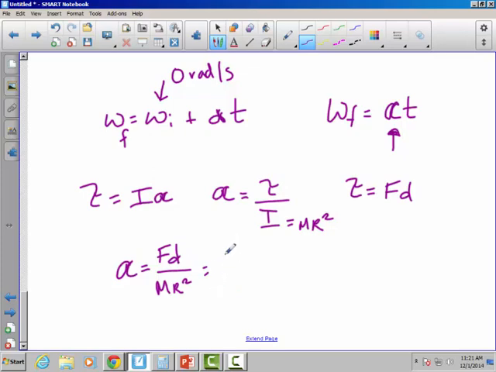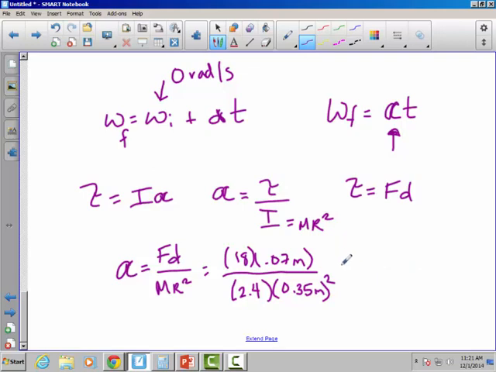All right, so they told us that the force is 18 and that the distance is 0.07 meters, or 7 centimeters away from the center, is where that force is being applied. The mass of our wheel is 2.4 kilograms, and the radius of it is 0.35 meters squared.